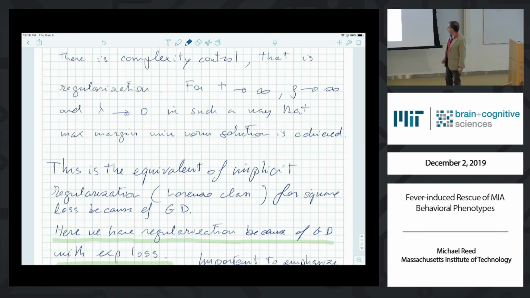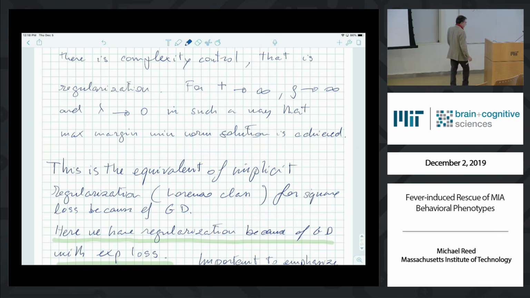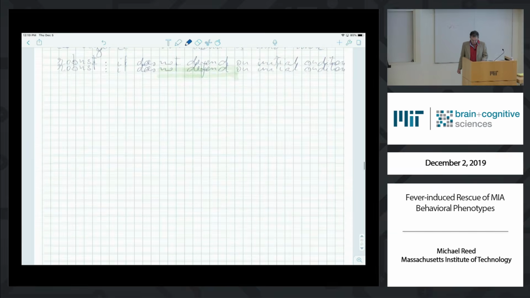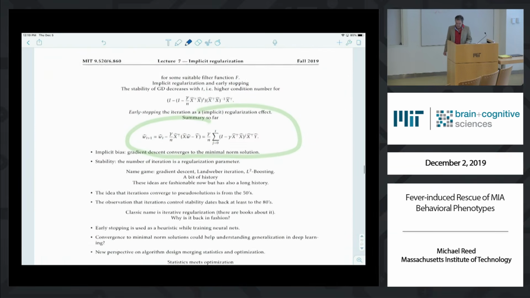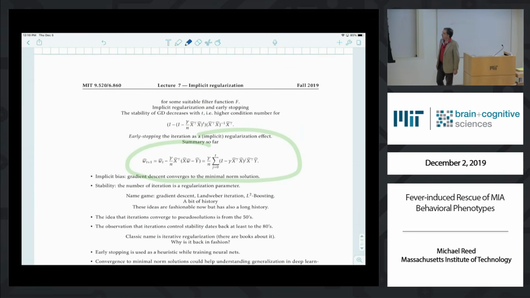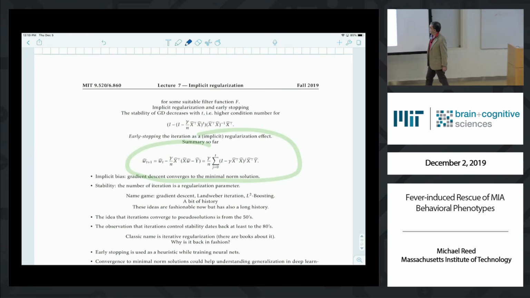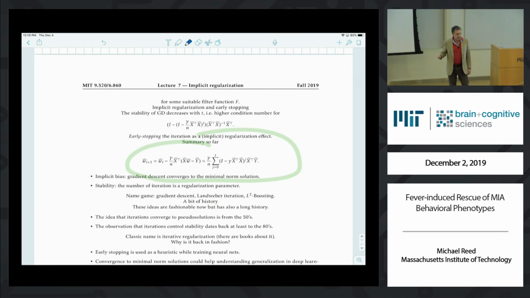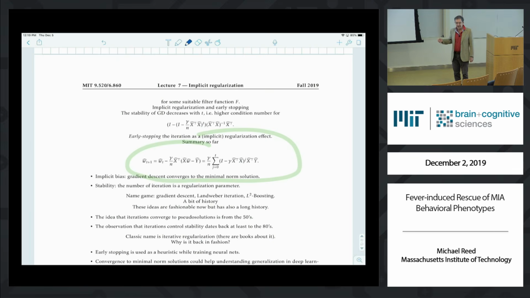It's a bit similar to this result that Lorenzo spoke about for linear networks and square loss, this story that you have in his notes, that because of iterative gradient descent, you are converging to a minimum norm solution, as if you have a regularization term that goes to zero.